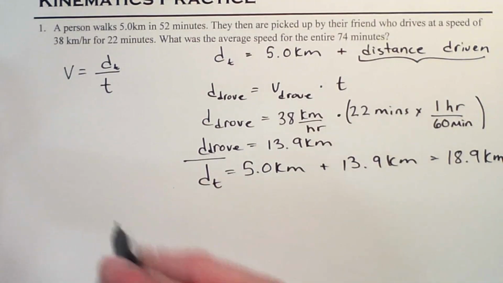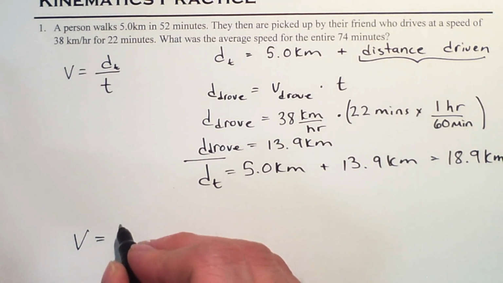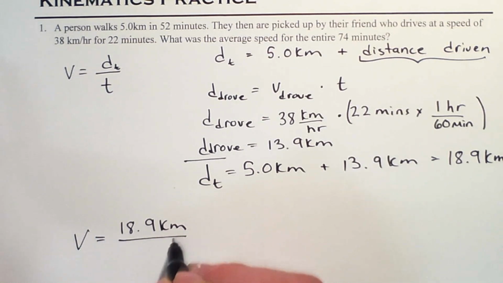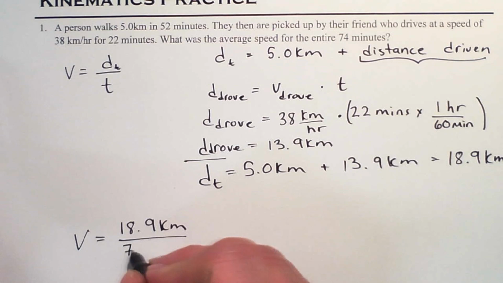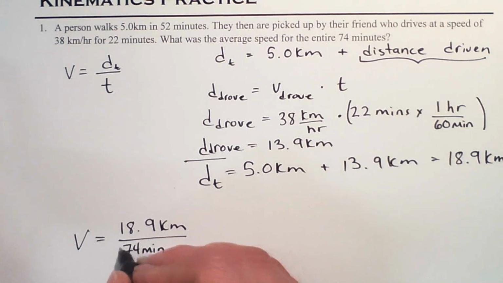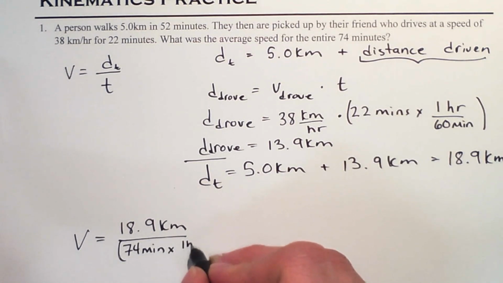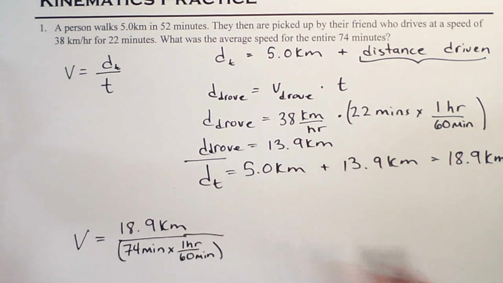So we go back up to this part of the question. Speed is equal to the distance driven, 18.9 kilometers, divided by the time it took. So the most reasonable unit is kilometers per hour. So we can put 74 minutes, but I'm going to convert just right on the bottom.